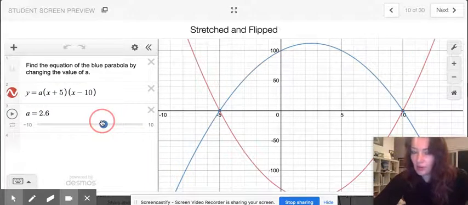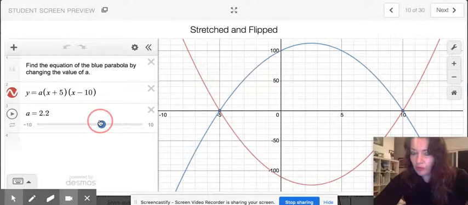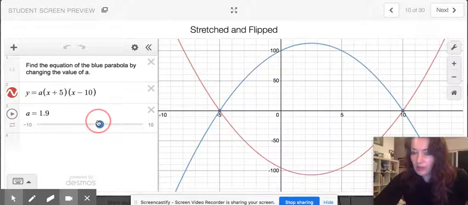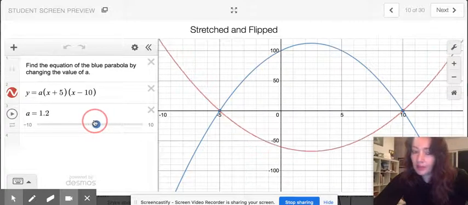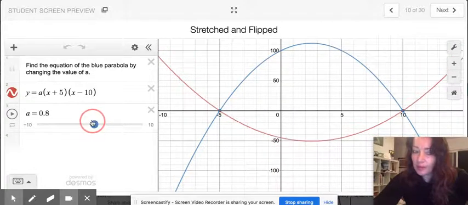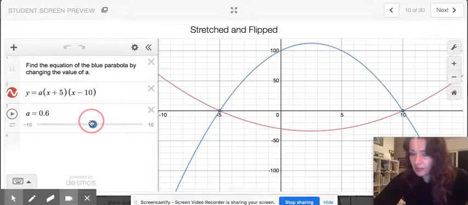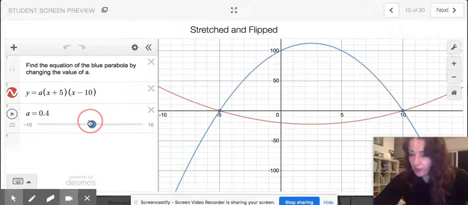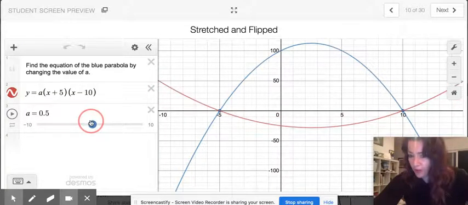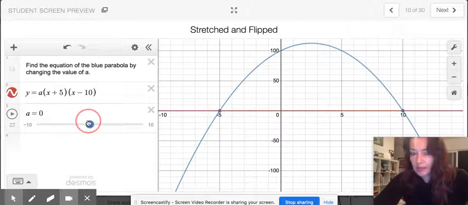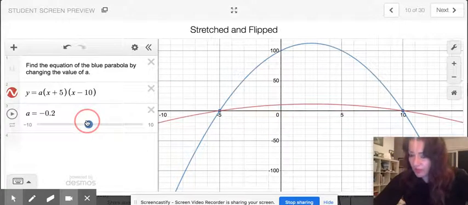Now, as I'm going towards lower values, it starts to get wider, and actually, less than 1 and between 0, where we have decimals, is where it gets the widest. We call that a compression. Now, the moment I go below 0, then it starts facing down.